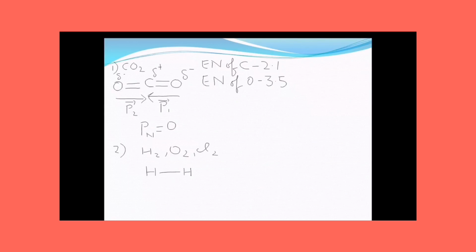The electrons are shared equally by the two hydrogen atoms because they have the same electronegativity, due to which the net dipole moment of the hydrogen molecule is equal to 0.